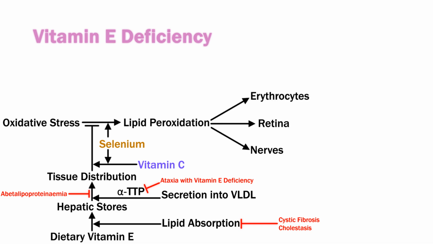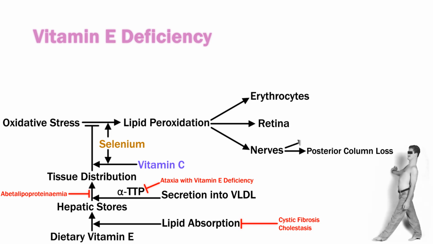In humans, vitamin E deficiency is best characterized as affecting nerves, the retina, and erythrocytes. In the nervous system, it causes a syndrome of cerebellar ataxia, areflexia with loss of the posterior columns. You can see a patient with vitamin E deficiency and a distinctive ataxic stance.